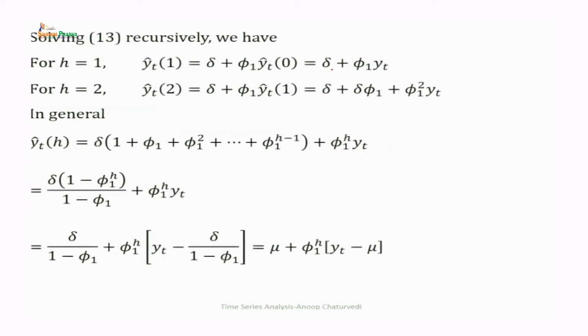And then this is equal to delta plus phi 1 y hat t 0, meaning the 0 step ahead forecast. Obviously, the 0 step ahead forecast means y t itself. Then for h equal to 2, you have y hat t 2 equal to delta plus phi 1 y hat t 1. Then we substitute the value of y hat t 1 from here. So, you get delta plus delta phi 1 plus phi 1 square y t.